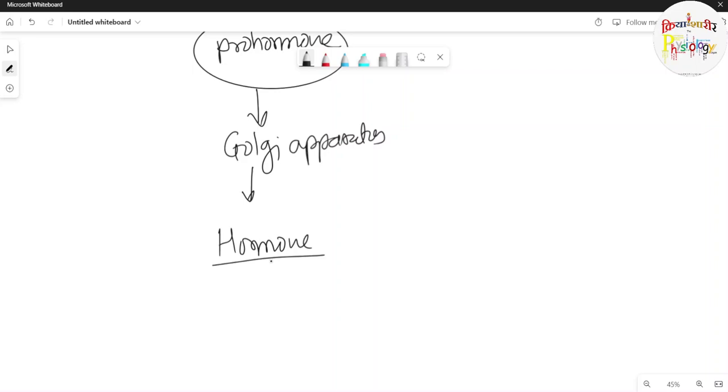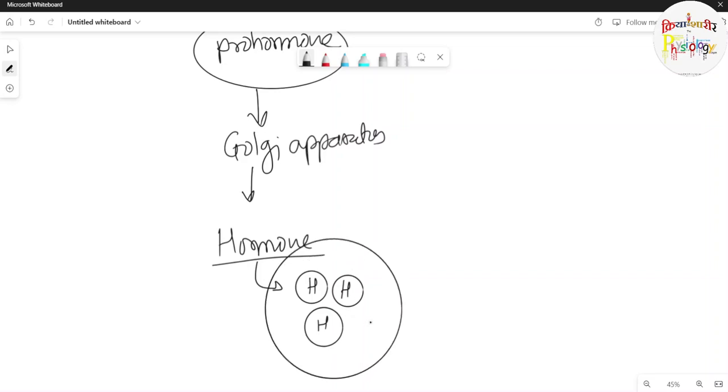In the endoplasmic reticulum, lipids and proteins are synthesized. These are packed into vesicles or granules in the Golgi apparatus. So the hormone formed is packed into vesicles or secretory granules, and these granules get stored in the cytosol.